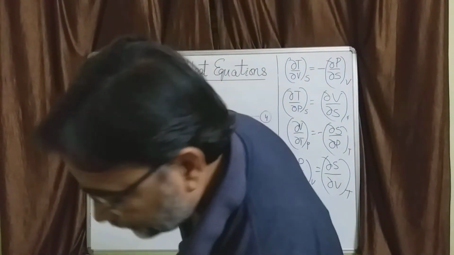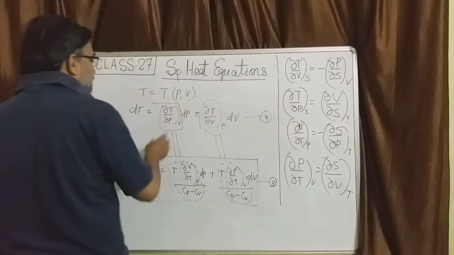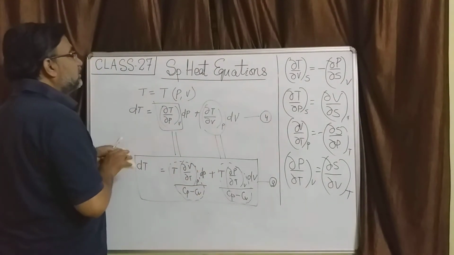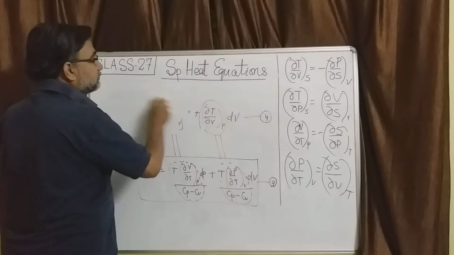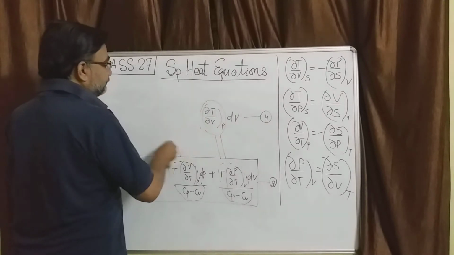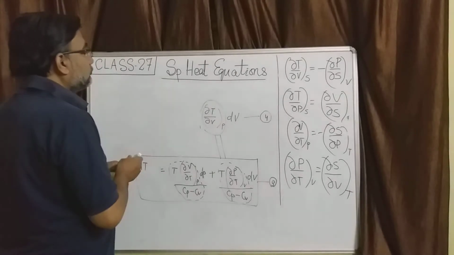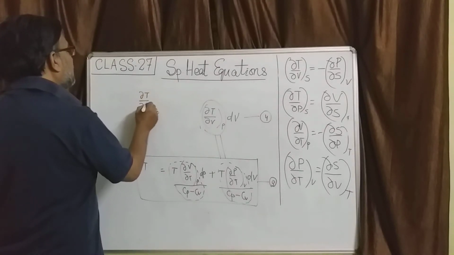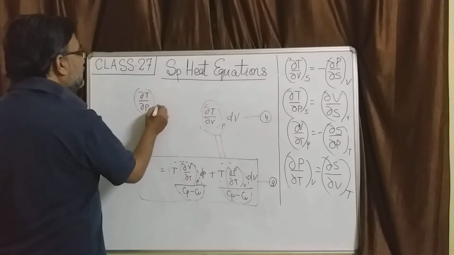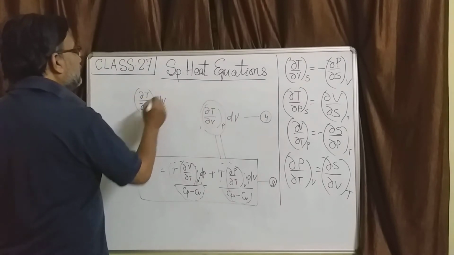Okay, so from that you take either this or this, both of them will give the same result. So you can take it as dT, dP, V, dV.